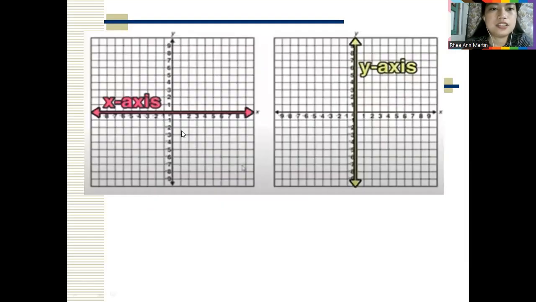So, ito yun. Ito yung point of origin. Point of origin is 0, 0. Kung makikita nyo, 0, 1, 0, 1, 0, negative 1, 0, negative 1. This line here in pink is the x-axis, yung pahiga. While the y-axis, this one, yung patayo. Okay?